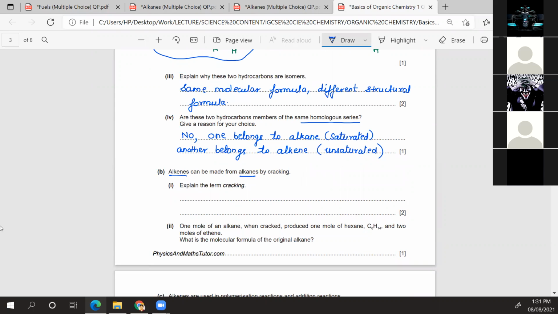Cracking is thermal decomposition of long chain alkane molecules into smaller fractions by action of heat.